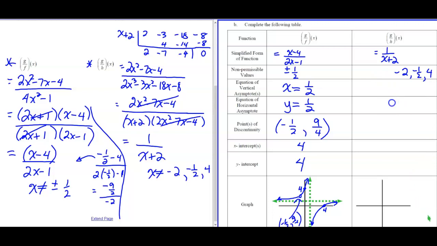Then vertical, that's the one that's left here, so that'll be x equals -2. Horizontal: this numerator degree is less than the denominator degree, so it's 0.